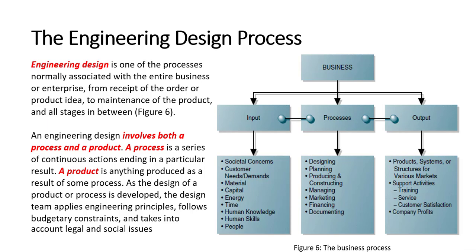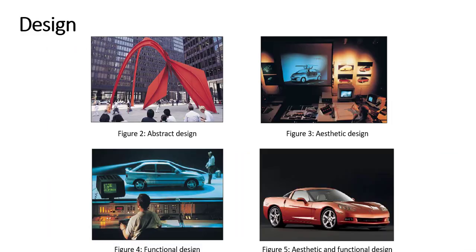Many products will have both aesthetic and functional design elements, requiring engineers and designers to work as a team to produce a product or system that is both functional and aesthetically pleasing, like Figure 5. Product design is the process used to create new products such as a new automobile model, like Figure 5.